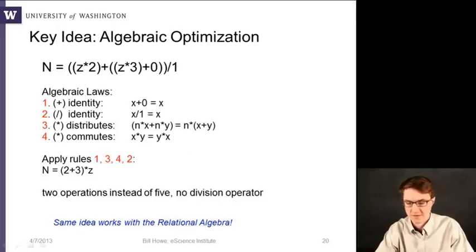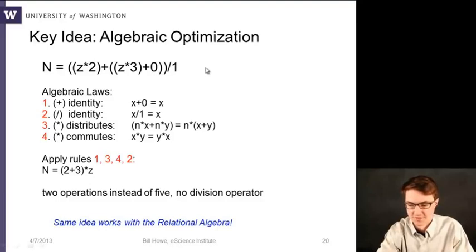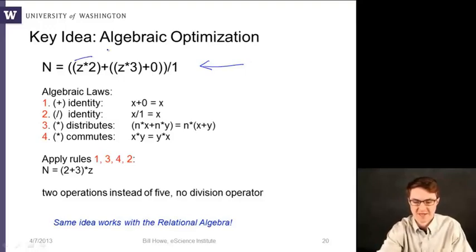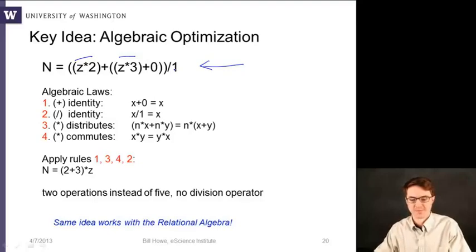Well, I've got this expression here, and I want you to evaluate this expression when I tell you z is equal to 4. Okay, so one thing you might do is just say 4 times 2 is 8, and 4 times 3 is 12, and so that's 20, and I add 0, and that doesn't change anything, and then I divide by 1.